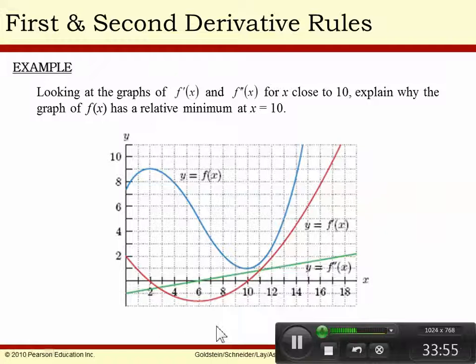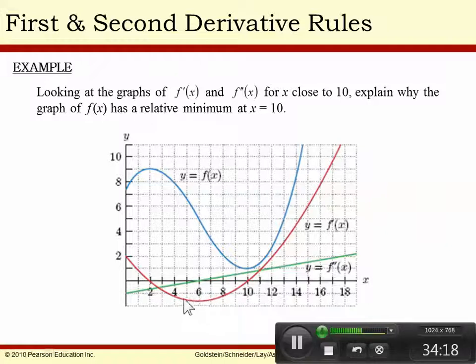So let's look at what happens for the first derivative. So the first derivative is the line in red. So let's look to the left of 10. Everyone see where I have the mouse pointed? Where I have the mouse, is the derivative negative or positive? Negative.